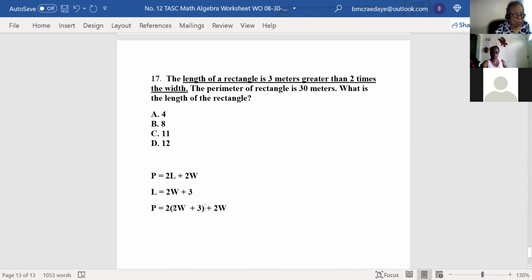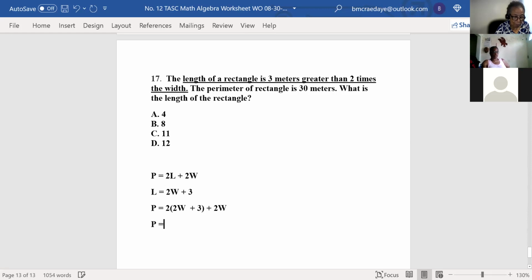So we substituted in for L 2W plus 3. Now we have perimeter equals 2 times L, which is 2W plus 3, plus 2W. Okay, Vanessa, now multiply that out. Tell me what you get.